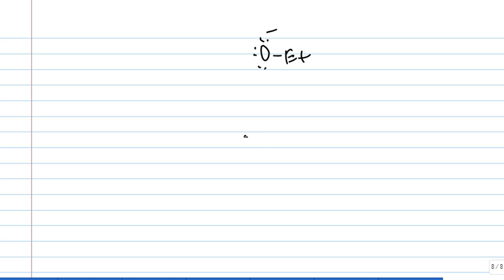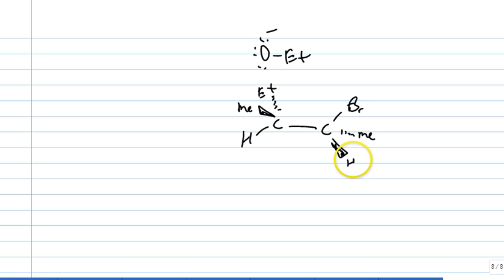So put the hydrogen down here. You did that on purpose, so you would have to twist it. So the leaving group and the hydrogen next door have to be anti-coplanar, and they are in this case. So now you don't have to do the mechanism, you just go right to the product.